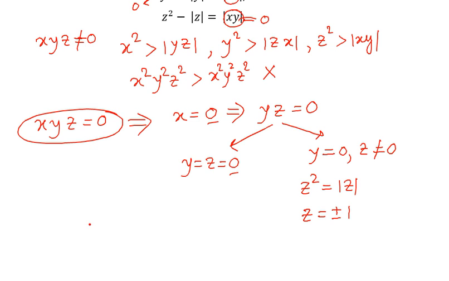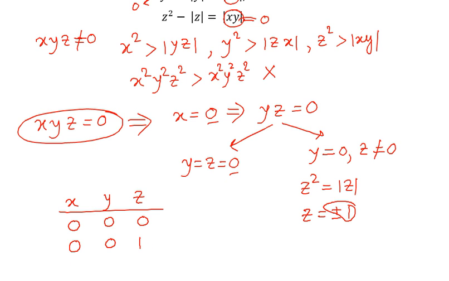So clearly we are getting the solutions out there. We are getting the trivial solution, that is all of them are 0. Then we are getting the solution x equal to 0, y equal to 0 and z equal to plus 1.